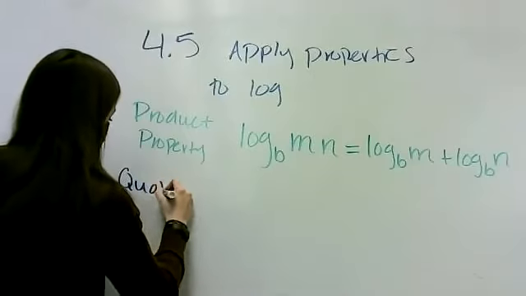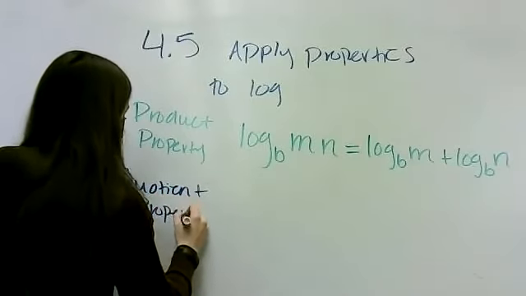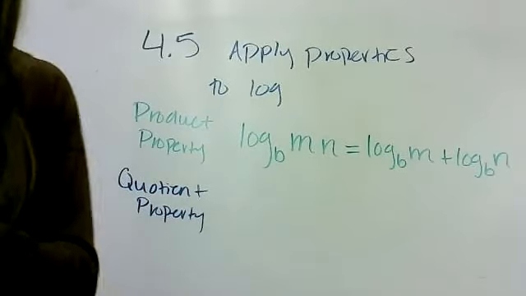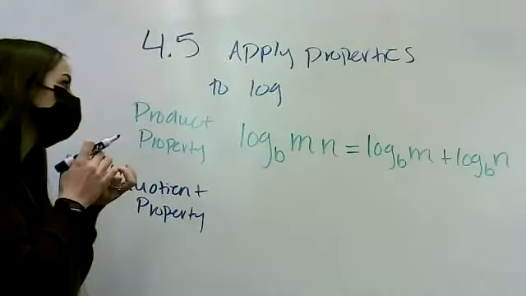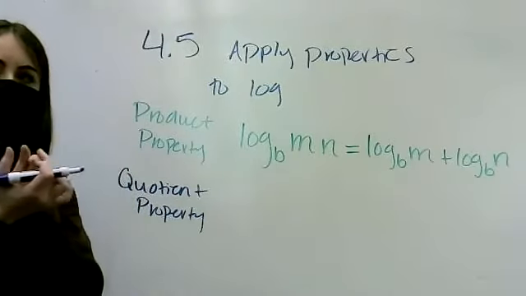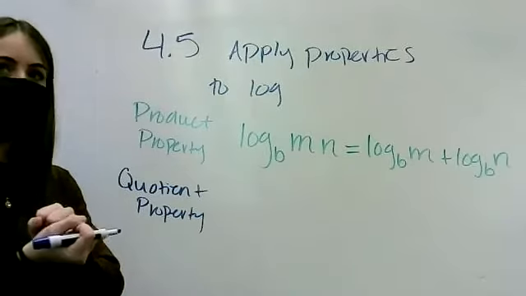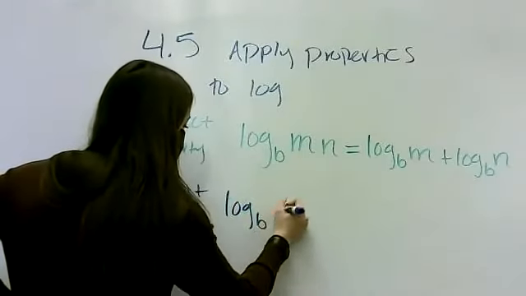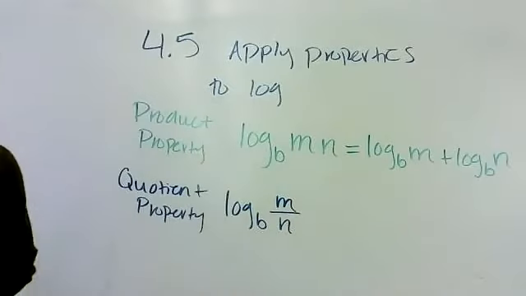Where there's a quotient property, dang it, I said it. Where there's a product property, there's a quotient property. I'm getting ahead of myself. Okay, so the quotient property, think about product, multiplication, quotient, division. So division and subtraction go together, okay? So let's say we have log base b of m divided by n.